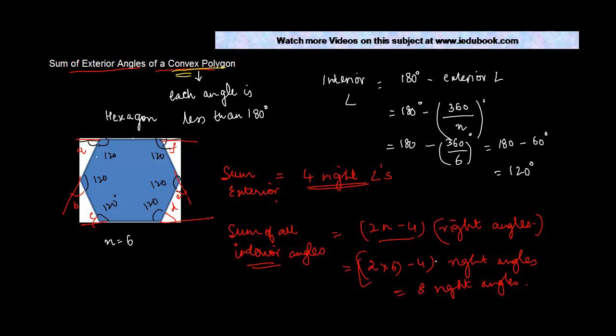Okay, should we take an interesting concept here? Let's do that. So sum of exterior angles of a regular polygon or a convex polygon, which is also a regular hexagon here, is 4 right angles, or 4 into 90, 360 degree.